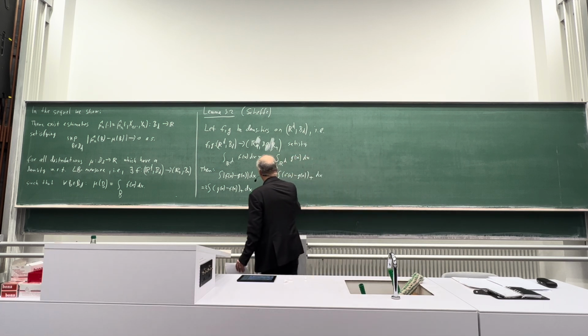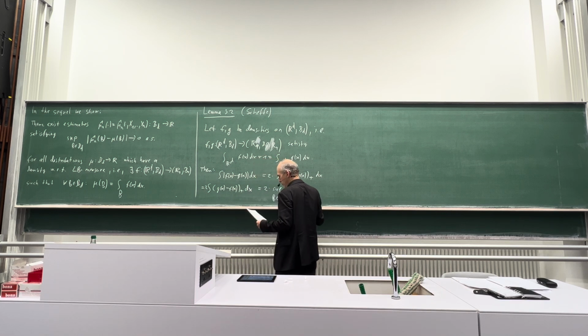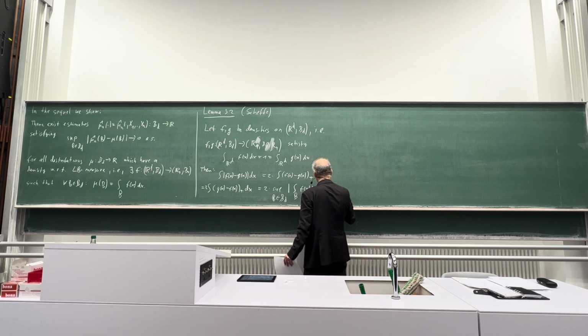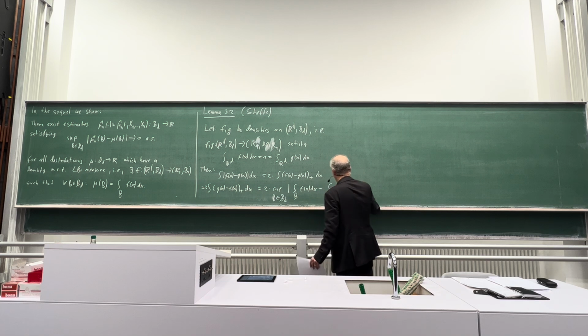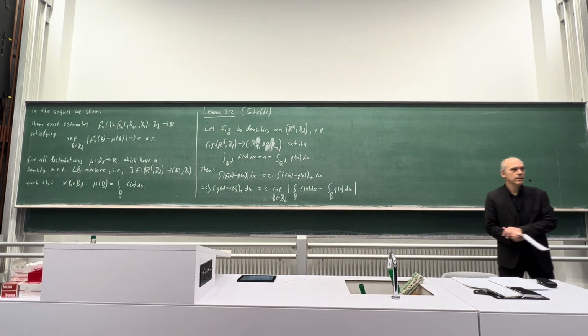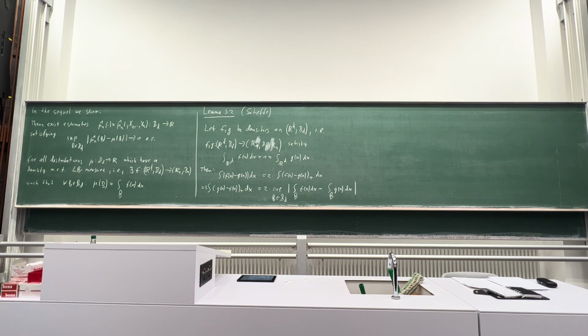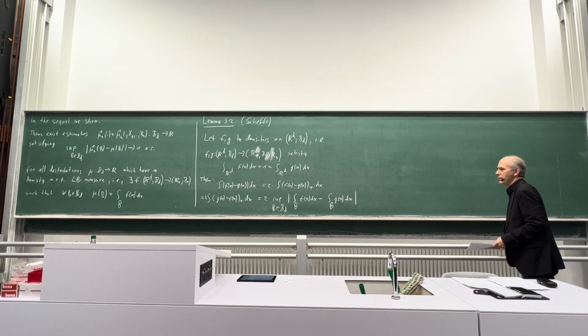So it's 2 times the supremum over all B in the Borel sets of the integral of f of x dx over B minus the integral of g of x dx over B. And I should write what the plus is.